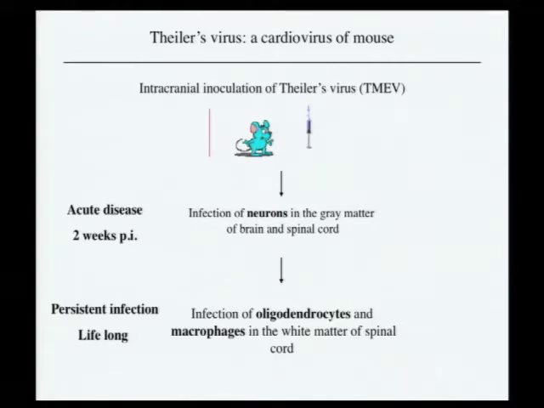And there is a biphasic disease that ensues from this inoculation. The acute disease lasts about 2 weeks. It's an infection of neurons. And then, if the mice are genetically susceptible, and I won't elaborate at all about this aspect in this talk, the virus may persist for the lifetime of the animal, but it does not persist in the neuron.